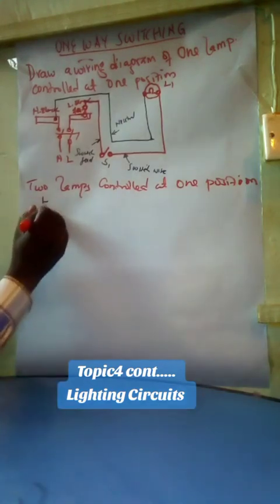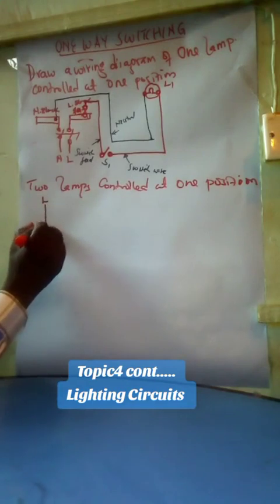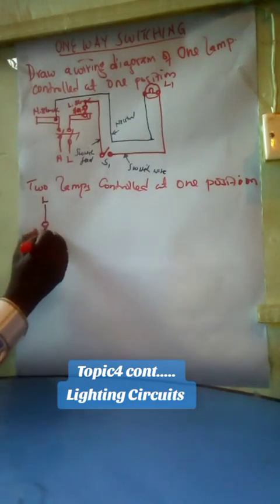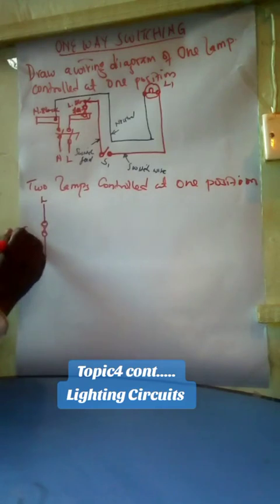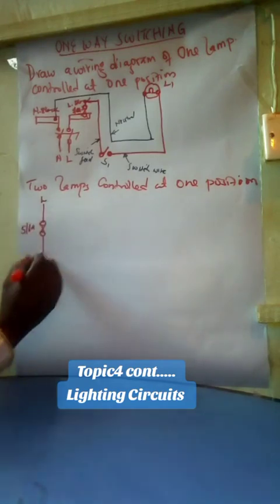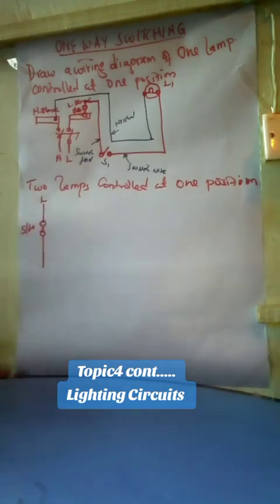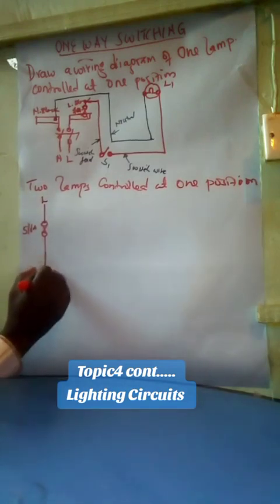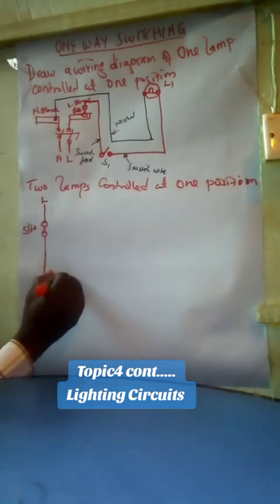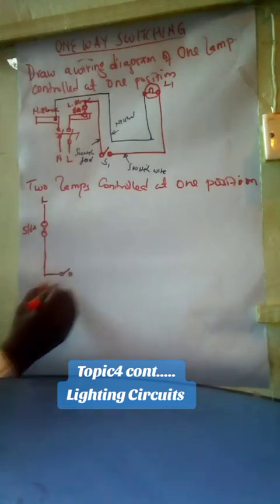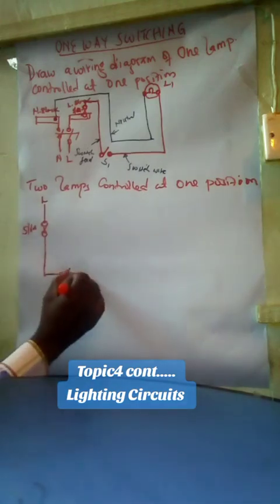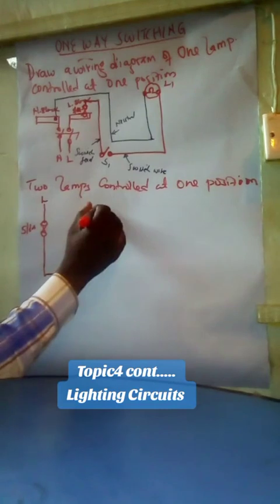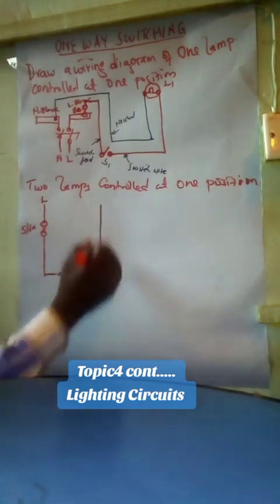In this case, we are going to have our live, and from our fuse, maybe 5 or 6 amps, from here it will go to our switch, and again it goes to our lamp.